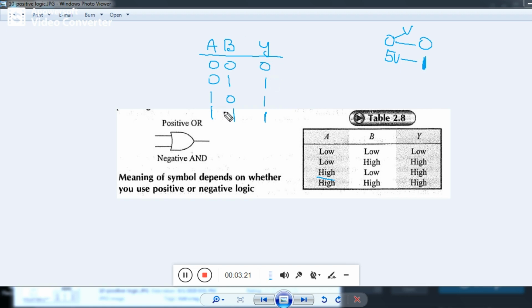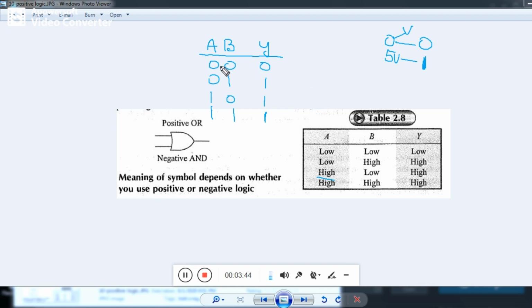Then this is called a positive OR gate. Now we will change the order. Wherever 0 is there, you put 1, and wherever 1 is there, you put 0. So let me change the circuit now. Wherever low is there, you put high, and wherever high is there, you put low.